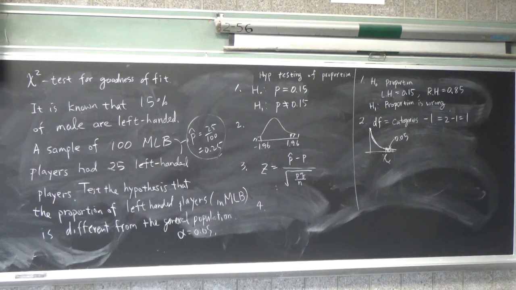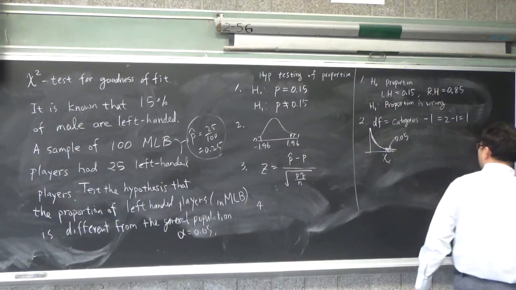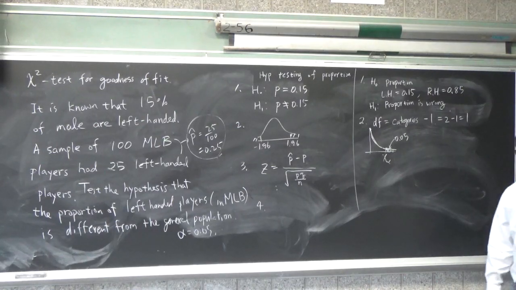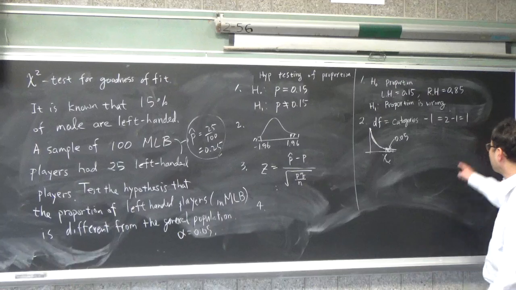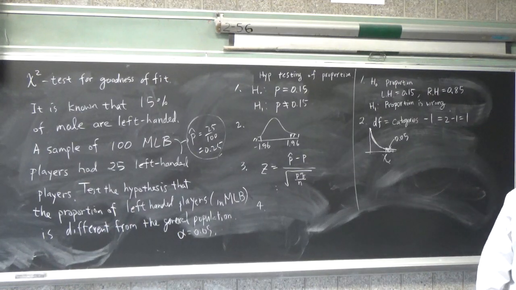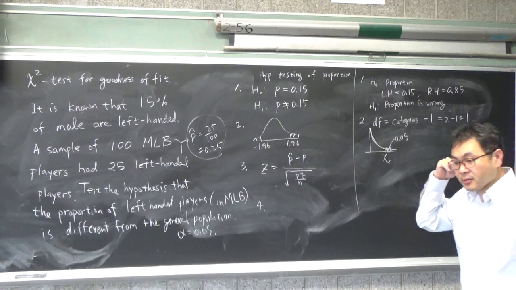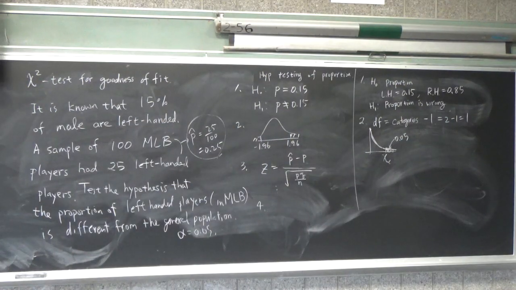I forgot to print out the chi-square degrees of freedom critical value. So if you have your phone, please look up a chi-square table. Somebody tell me what the critical value is for degrees of freedom 1 with 0.05 significance level. Can you find it?